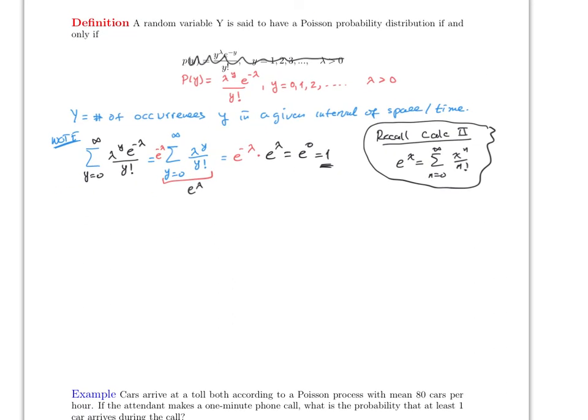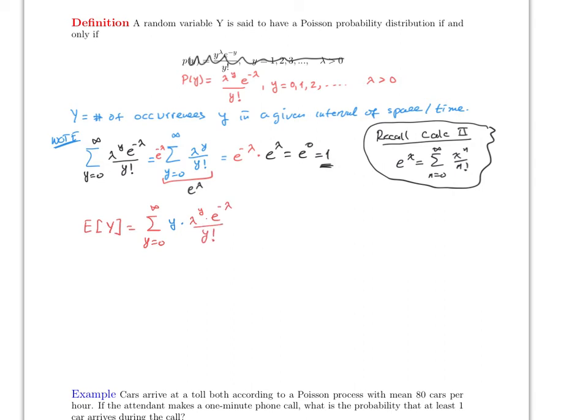Also, if you want to find the expected value, this is one of the easiest to remember. The expected value by definition is equal to the sum from y equals 0 to infinity of y times the density function, which in this case is lambda to the y times e to the minus lambda over y factorial.